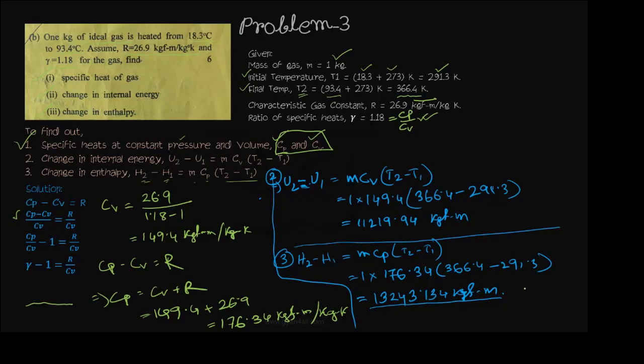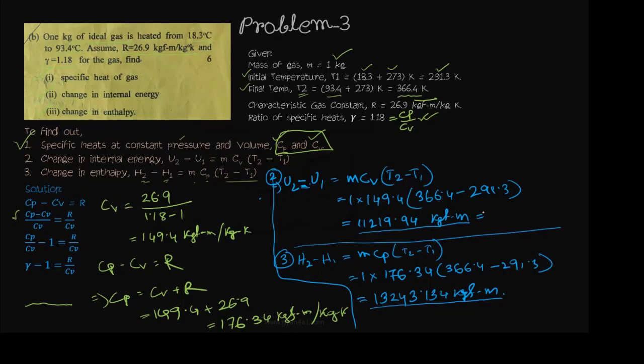Since this problem is in metric unit, we can also convert this internal energy to heat unit. This is actually in work unit, because in metric unit Q is equal to W by J, where J is the heat equivalent of work and the value of J is 427.